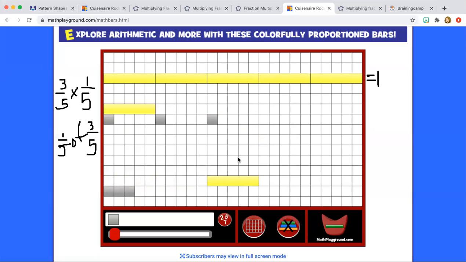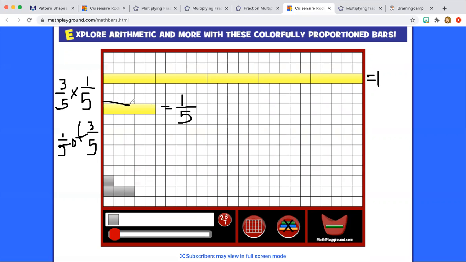So what I want to think about is, let's clear these and bring these down. Here's my 1/5 then, right? If this is my whole, it didn't change, this is 1/5. Now I want 3, right? And this can be cut up 1, 2, 3, 4, 5, right? That's cut into 5 equal pieces here.